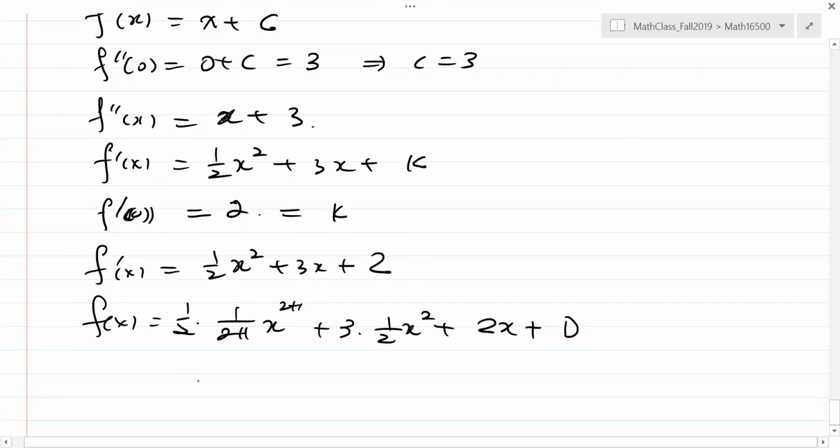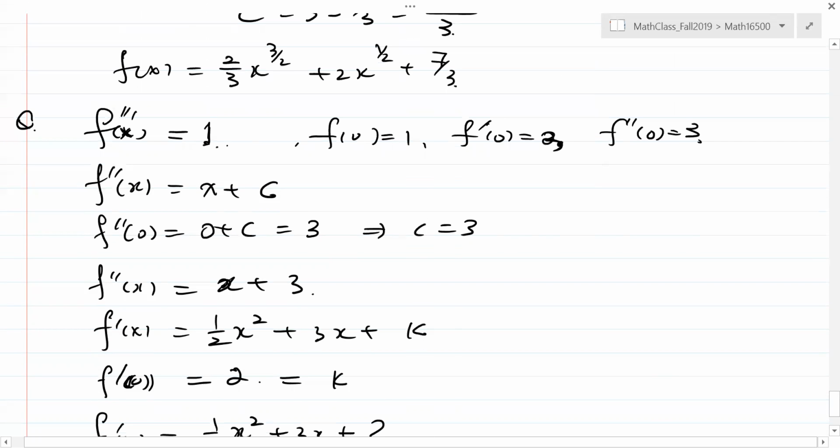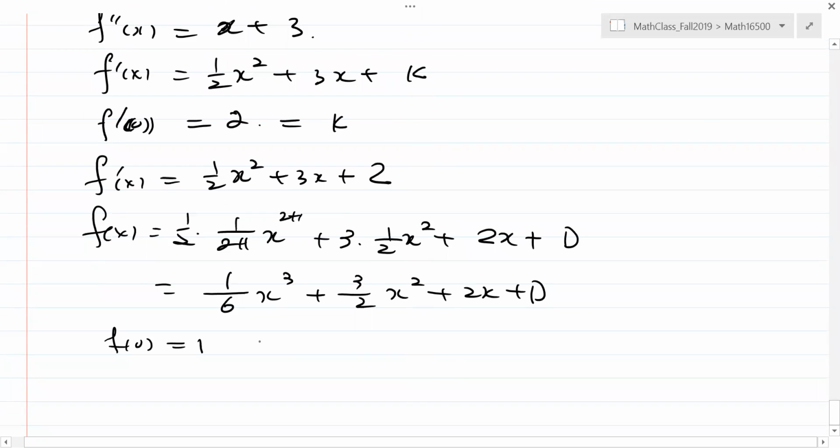So we get 1/6 x cubed plus 3/2 x squared plus 2x plus d. And f of 0 is 1, that means when x is 0, the value is 1. That implies d should be equal to 1. So we solve the problem. Okay, we get the formula for this very special antiderivative.